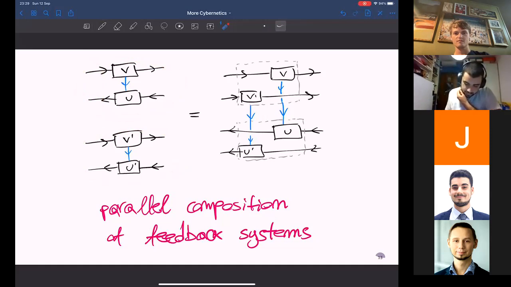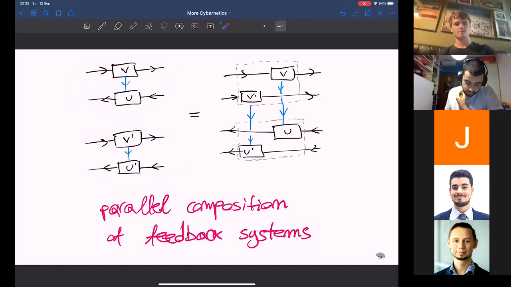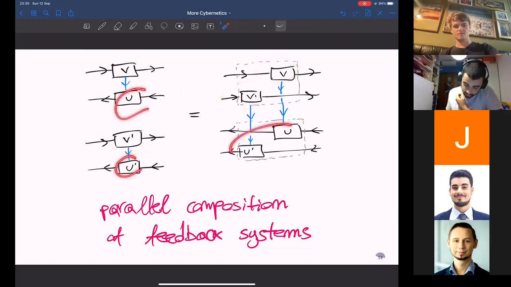And with some more manipulations like the ones we did before for sequential composition, I can also see how the tensor product of optics works. I simply slide the view parts together and slide the update parts together here.